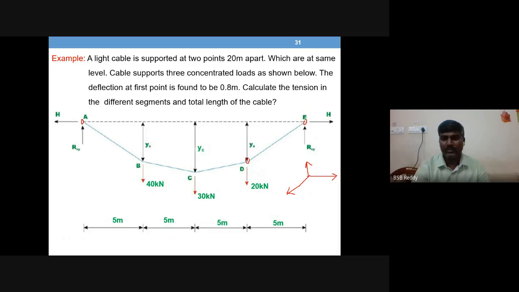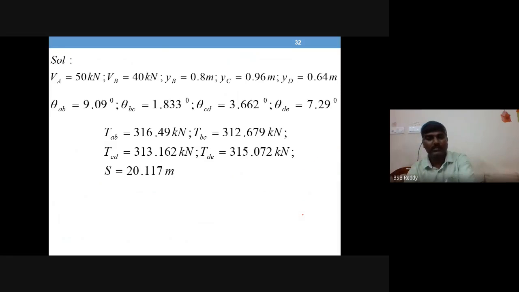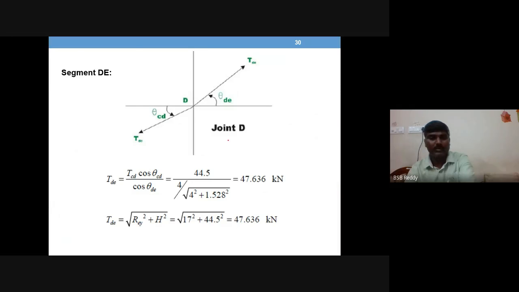The resultant of these two shall be along this direction, and the value should be the same. So TDE shall be equal to the resultant of these two, the square root of H square plus RE Y square, and that is equal to TDE. That is how you have to solve this one.